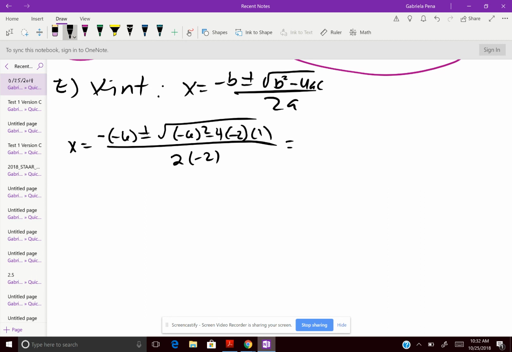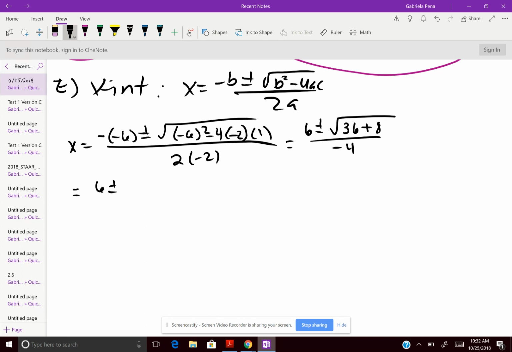A negative and the negative 6 becomes a positive 6. 6 squared is 36. Negative 4 times negative 2 times 1 is a positive 8, over a negative 4. What is 36 plus 8? 44.